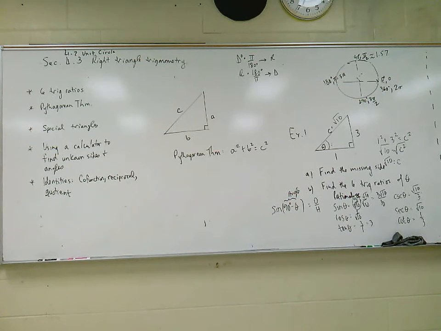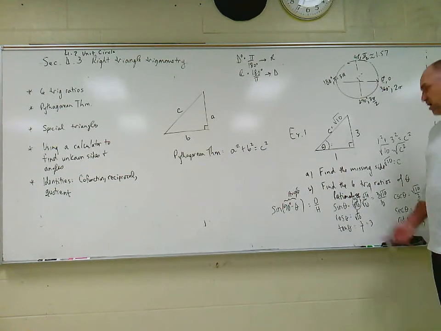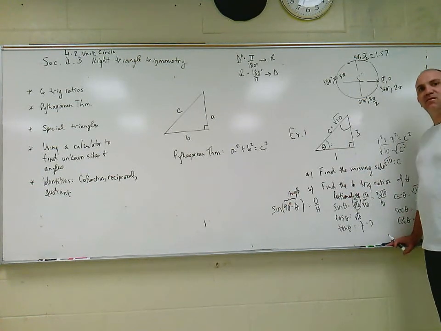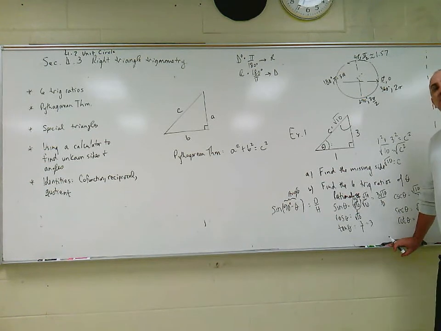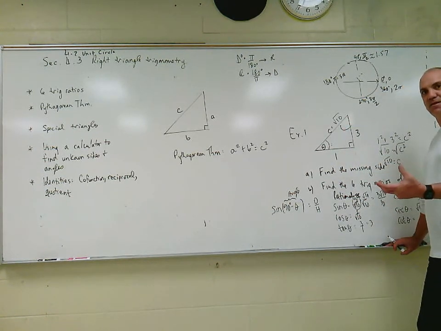The question is, what angle is that? It's not theta. It's the other angle. How do you know? What did we say about these two angles? They've got to add up to 90.